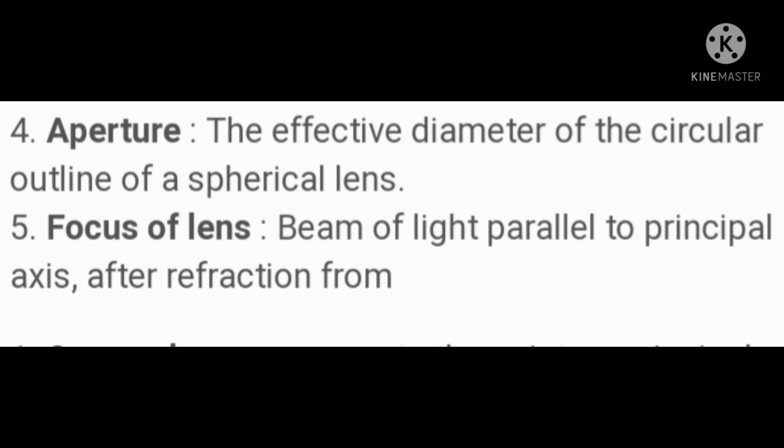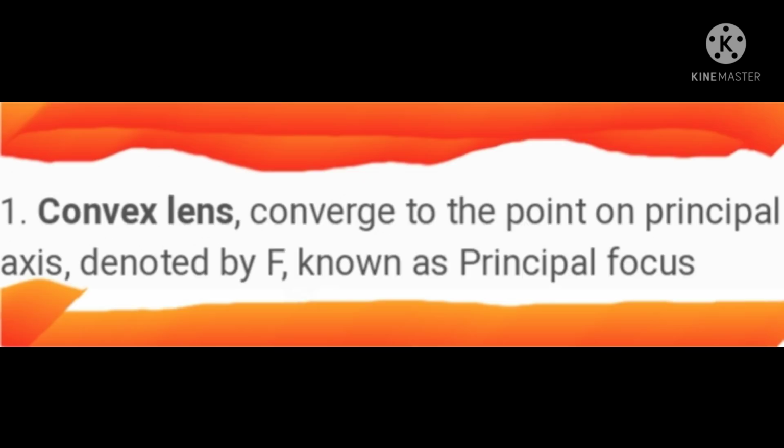Now number 5, we have the focus of lens. When a beam of light passes parallel to the principal axis, after refraction, there are two possibilities, because the focus of the lens will be different for convex and concave. First we'll do the convex lens. If you pass a beam of light parallel to the principal axis, we know a convex lens will converge the rays of light.